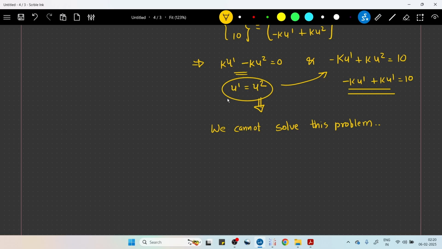It is very clear: if I have this spring and U1 is equal to U2, let's take 5 mm and 5 mm, the next deformed configuration is something like this. Here it is displaced by 5 mm, but the net deformation of the spring is 0, right?